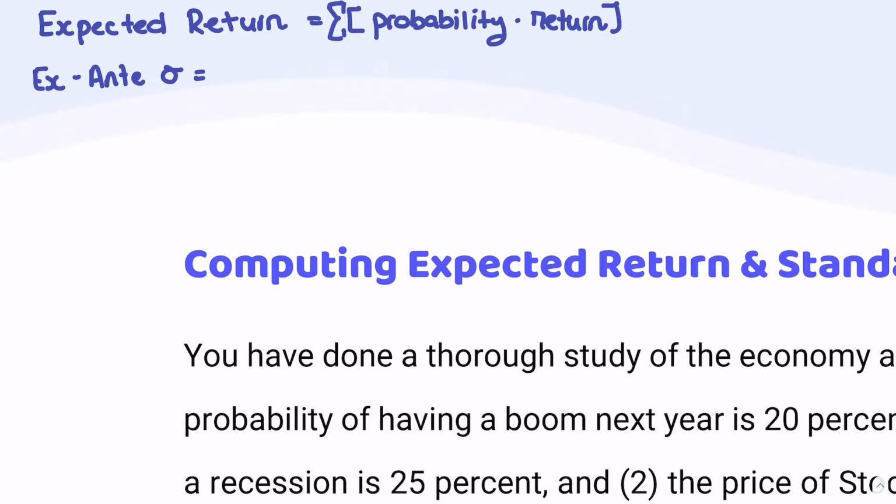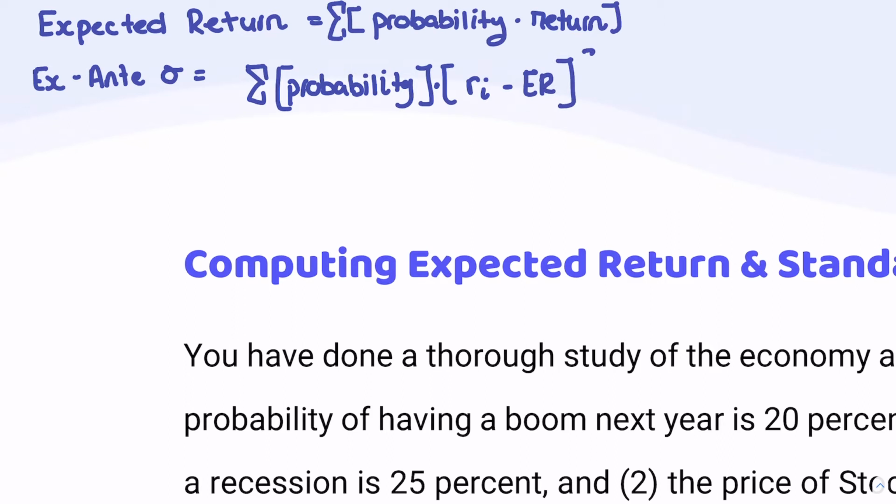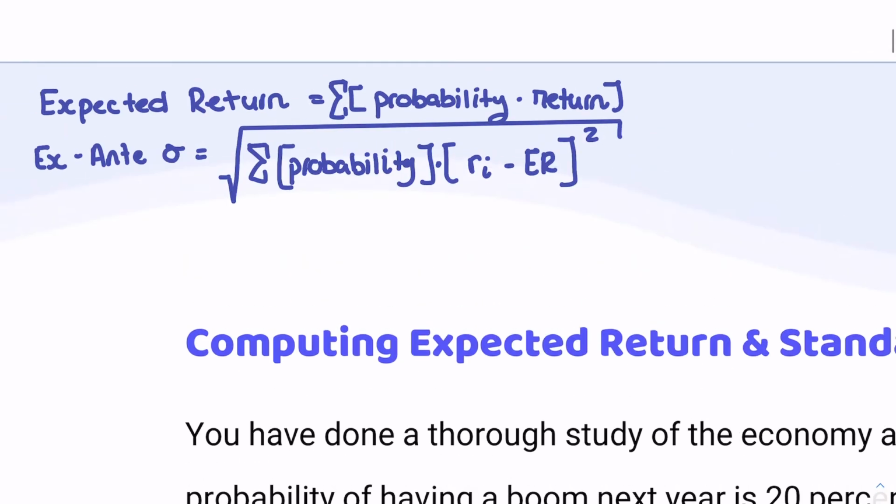What you need to do is, once again, the sum of the probability times your R for that specific scenario, so the return of that specific scenario, minus the mean, so minus your expected return, to the power of 2. Then you're going to take that sum all together. You're just going to slap a little square root on it, classic. And that's how you find your standard deviation.